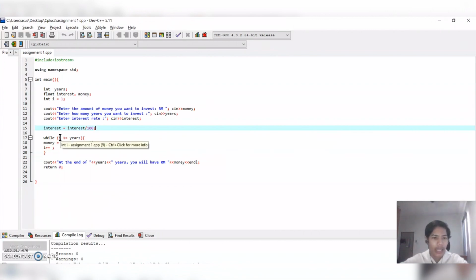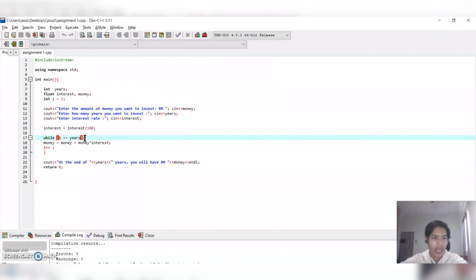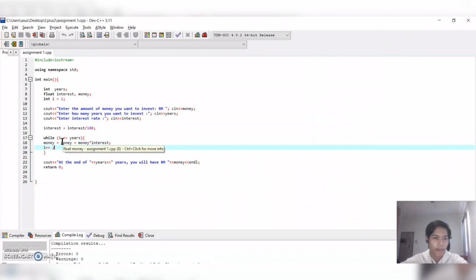It will repeat both of these statements because both of these statements are in this curly bracket. So it will repeat both of these statements until the condition is false, and then cout at the end of the years you will have RM how many ringgit. So now we will compile and run this program to see if this program works.